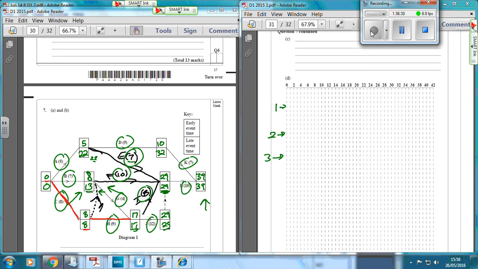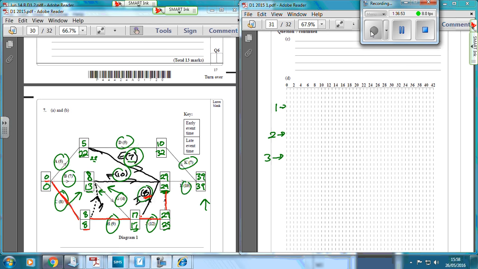So C and H are critical, but I isn't critical because it goes between 17:17 and 29:29, so that's a gap of 12 minutes, but this one only takes 8, so that's actually got a float of 4. So the critical activity though is J.